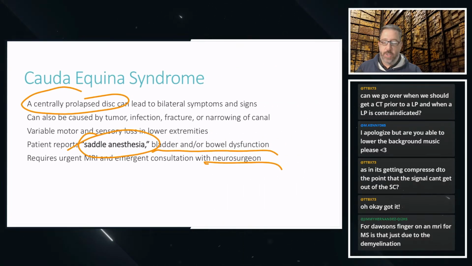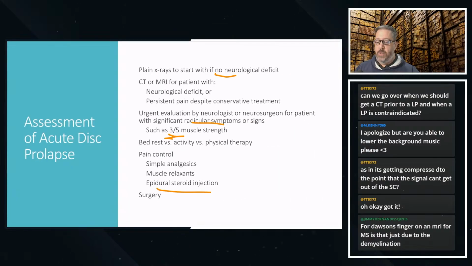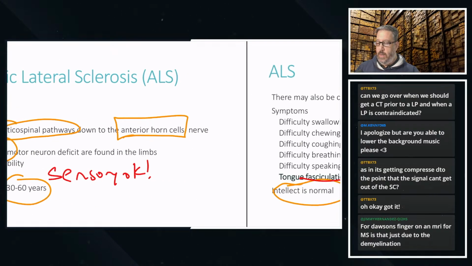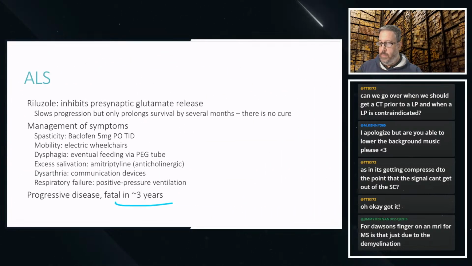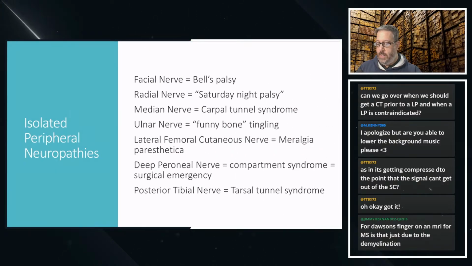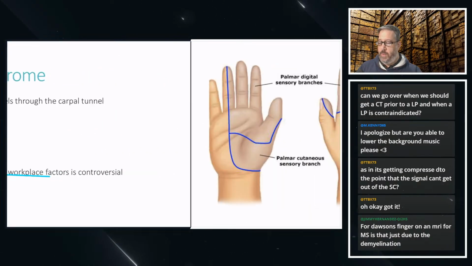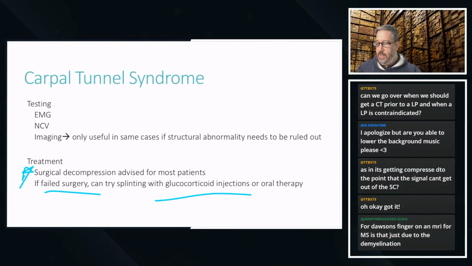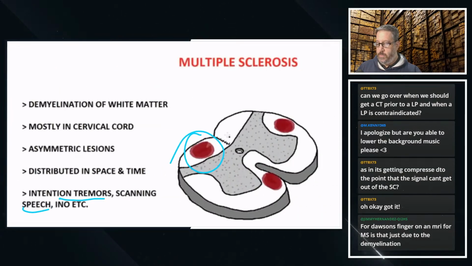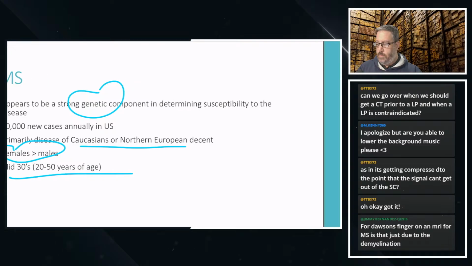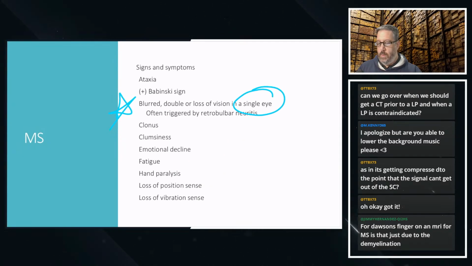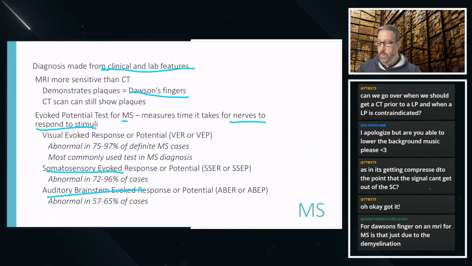When it comes to the Dawson's fingers, it's due to the demyelination of the axons. I'm trying to find, there they are. Those plaques, demyelination.